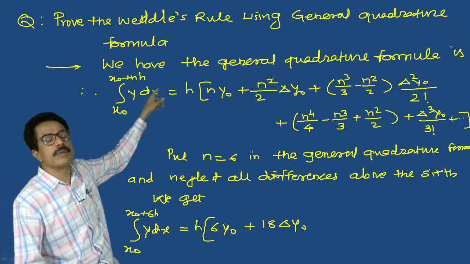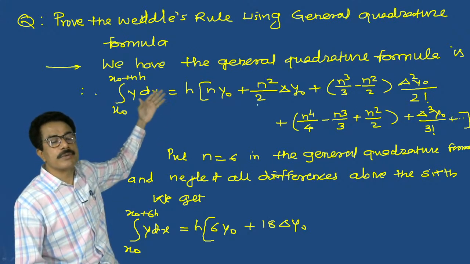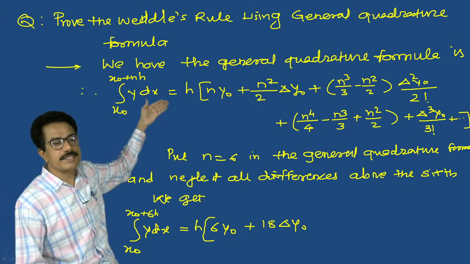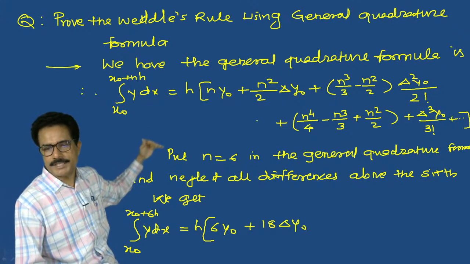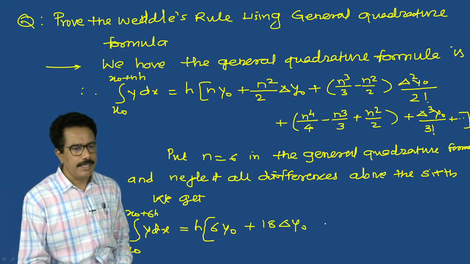See this, 6 square upon 2, 6 square means 36, 36 upon 2 means 18. Is that correct, students?